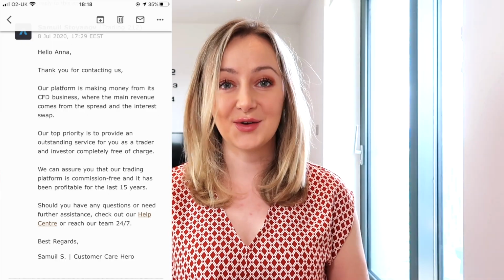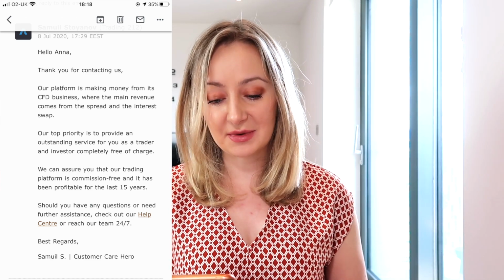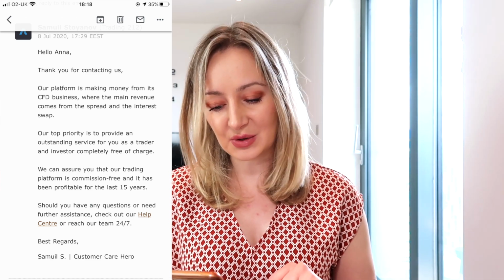I got back. So Trading212 said, our platform is making money from its CFD business, where the main revenue comes from the spread and the interest swap. I'm not going to go into too much detail on the CFD business, but I personally am quite against the fact that Trading212 offer CFDs. These are contracts for difference, and even when you sign up and you try to click the CFD platform, it actually comes up with a pop-up warning you that the majority of people lose money on this platform.